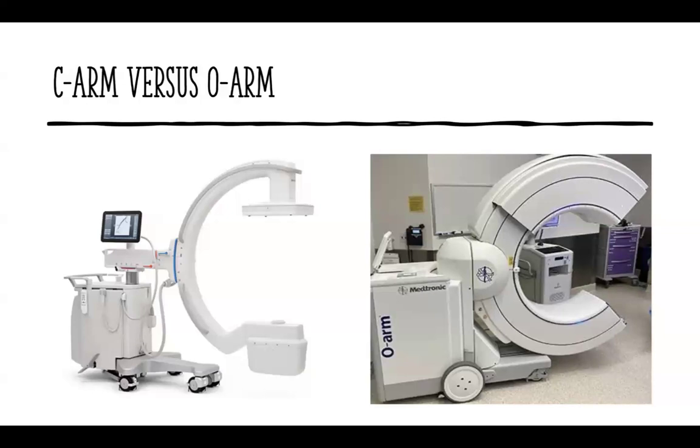Sometimes they'll use them for orthopedic procedures, but it just kind of depends. Now, as a technologist, I've never used the O-arm, whether in surgery or in another area, but you just need to be aware of it and the different procedures that it could be used for.